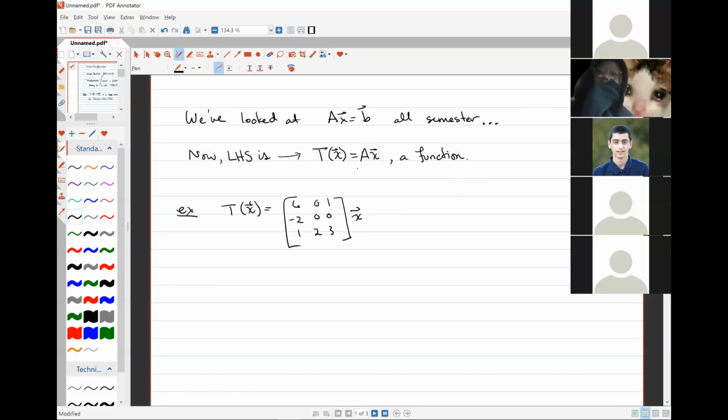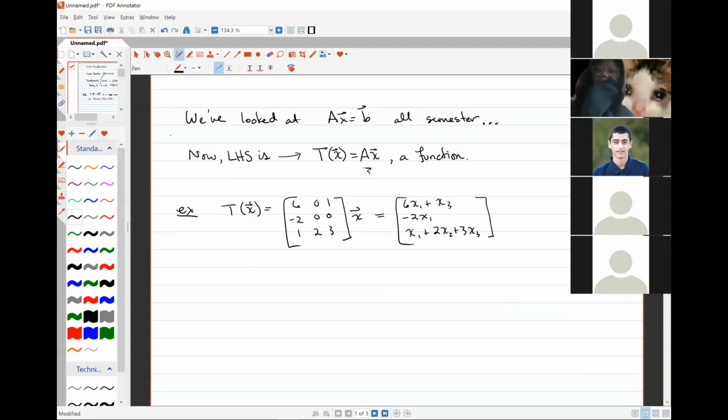So this is an A times x type of function. And if I multiply this out, it's 6x1 plus x3, and minus 2x1, and x1 plus 2x2 plus 3x3.